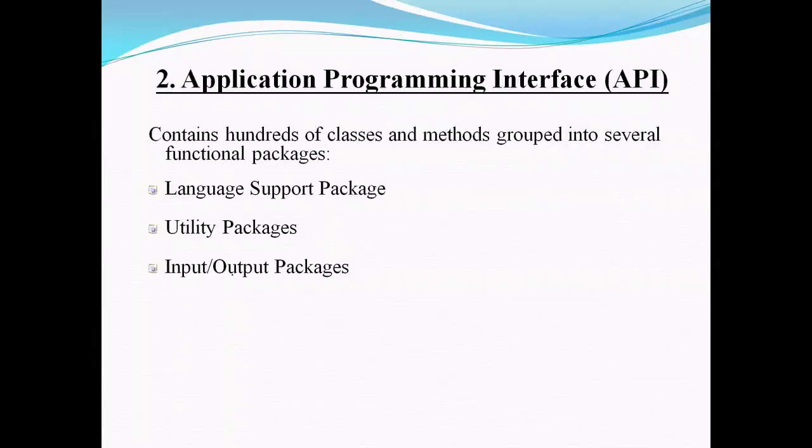Then we have networking packages in Java, which help us communicate with other computers via the internet or network. So you can write network applications in Java by using these packages. These packages provide predefined classes, and using those classes you can easily develop network applications in Java.